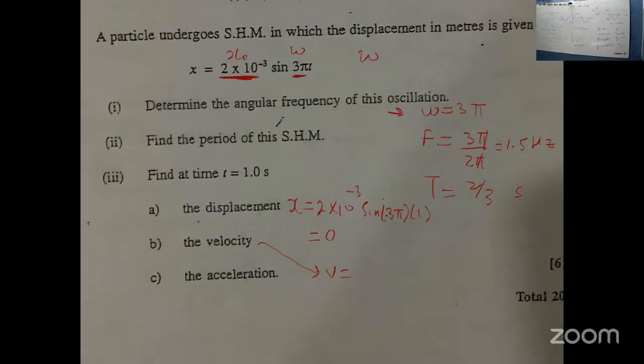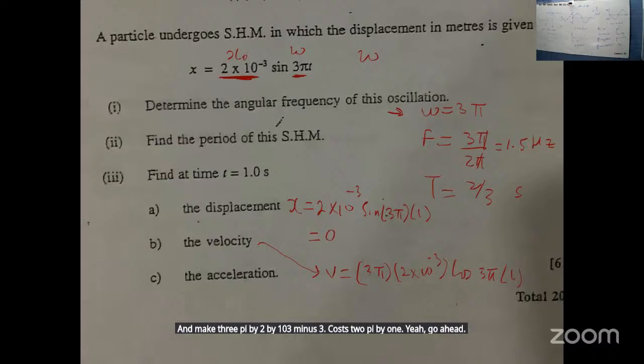It'll be 3 pi by 2 by 10 to the minus 3 cos 3 pi by 1. Yeah, correct. Work it out and tell me what I get for B.